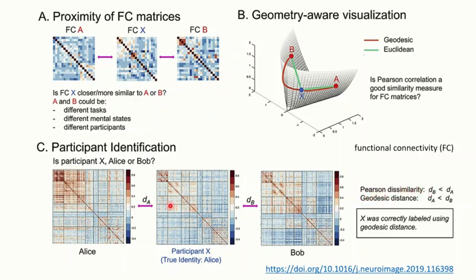In this example, if you measure using Spearman similarity, then you look at this new participant, a new patient, for example. You look at the matrix, the structure, the data, and it's more similar to B, because the distance between X and B is smaller.